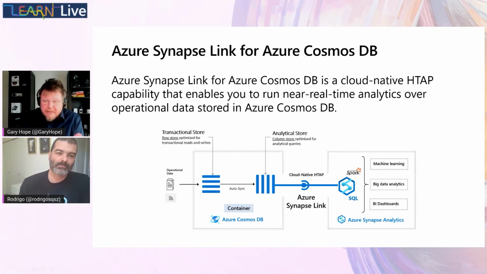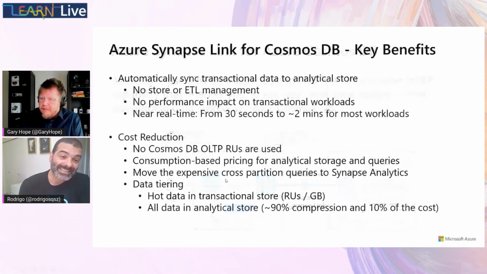And they have access to those rich analytical query languages as well, not just the resources, but also the languages associated with those query engines. That's a key benefit. This is one of the most important benefits of Synapse Link, right? Because Cosmos DB SQL language is a subset of ANSI SQL.